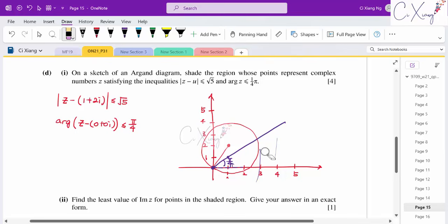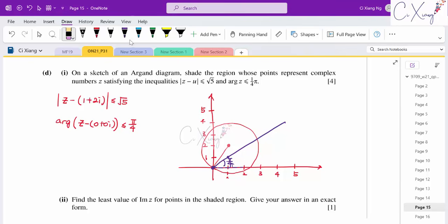Just now we sketched the area inside the circle, and now I want to shade the area below the line. Therefore, the overlapping area should be this area here. This is actually the intersection area that fulfills the two inequalities shown in the question.